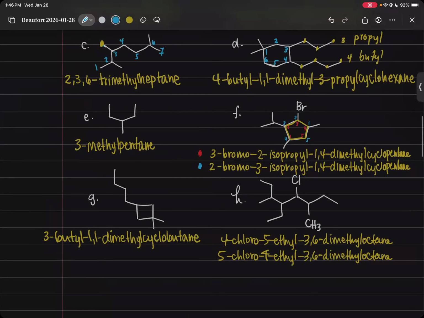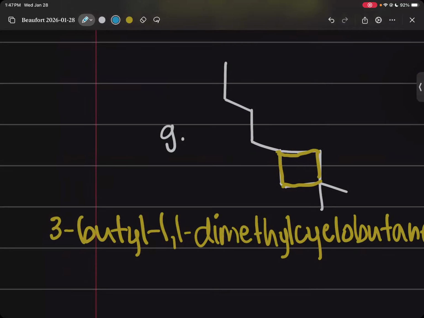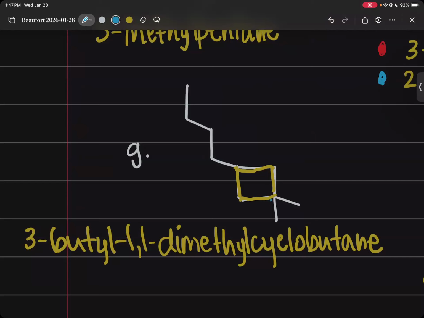Okay, G. We have a cyclobutane, a square. And again, we want the number 1 carbon to be the one with the most substituents. That one. And we can say, all right, we'll go counterclockwise.